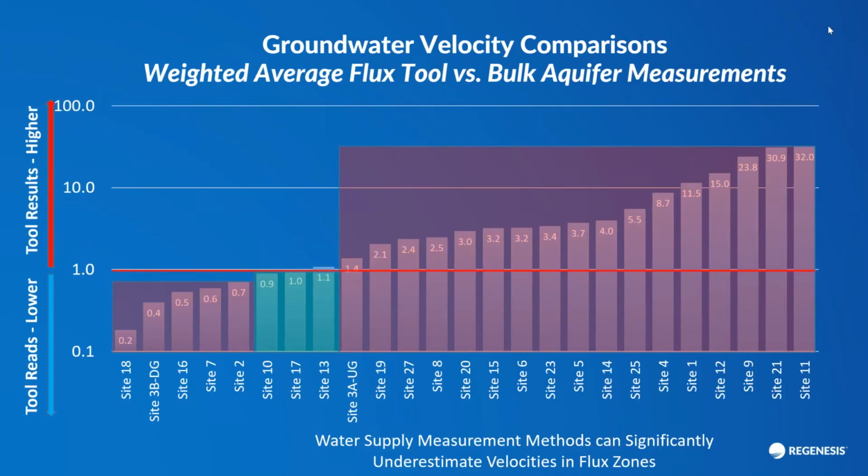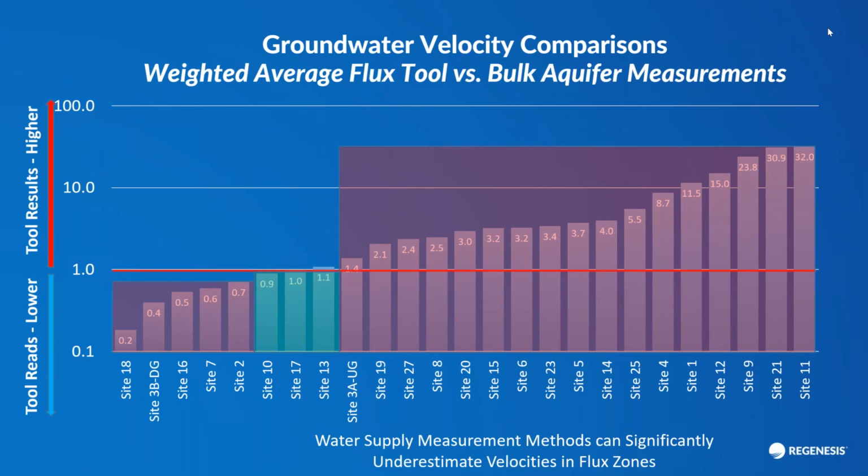So in this next slide, I'd like to discuss how we do as a group comparing flux tool to bulk aquifer measures. This is a weighted average of the flux tool versus the bulk aquifer measurement, so the weighted flux tool divided by the bulk aquifer measurements in terms of velocity.